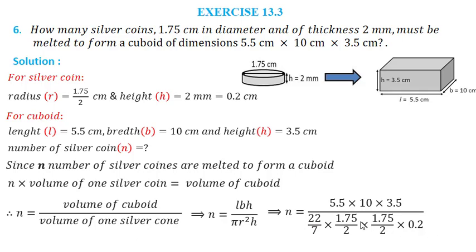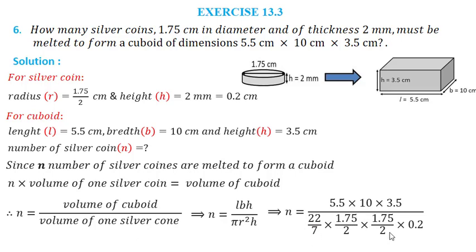Now you can cancel these terms like this. 2 you cancel with 22, you will get 11 here. Now this 11 you can cancel with 5.5, you will get 0.5. Now this 7 you can cancel with this 1.75, it is 0.25, right? 7 2s are 14 and then 35, 7 5s are 35.